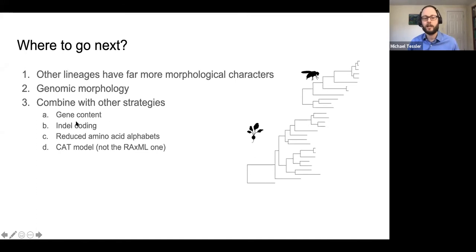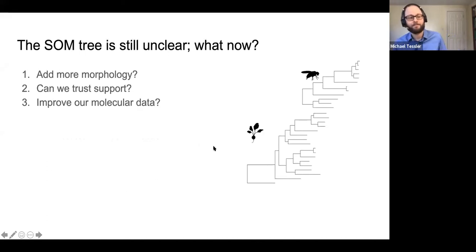What happens if you combine gene presence absence, gene content, or indel coding, the presence of gaps, if you code those? There's a lot of information, a lot more characters that can be mined out that might provide some level of robustness and support that we haven't yet found clearly. So the SOM is still not all that clear.